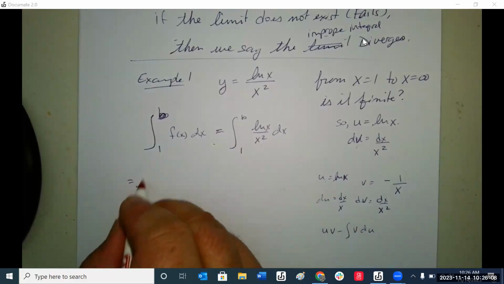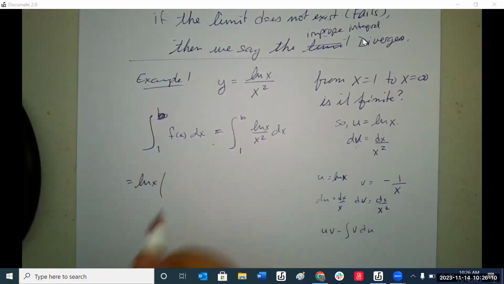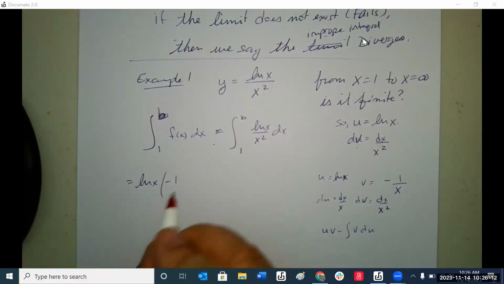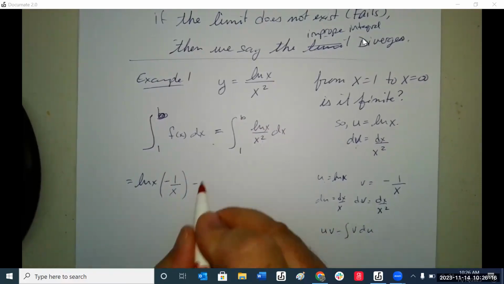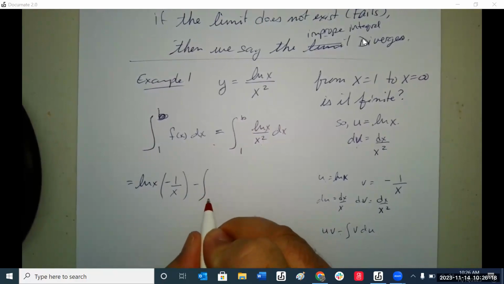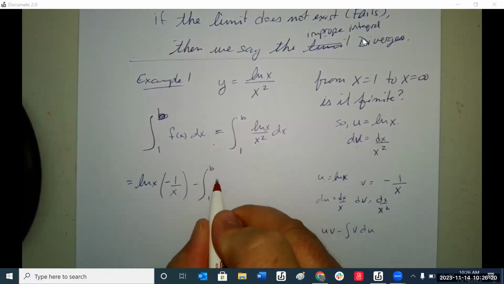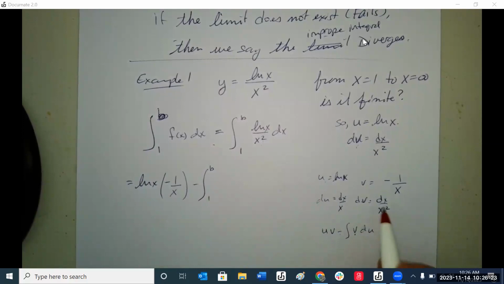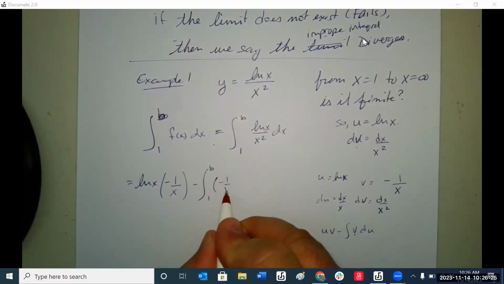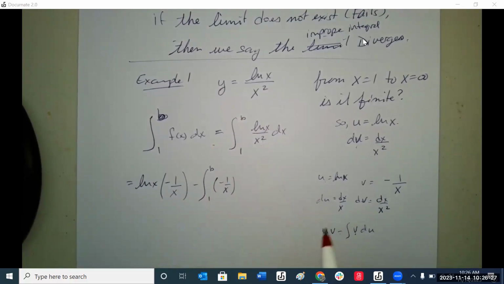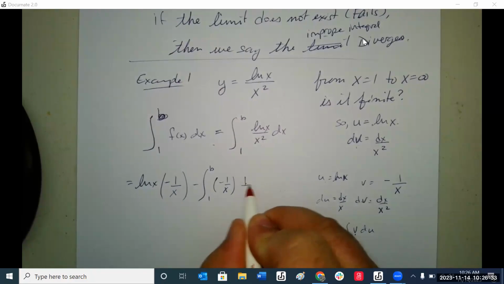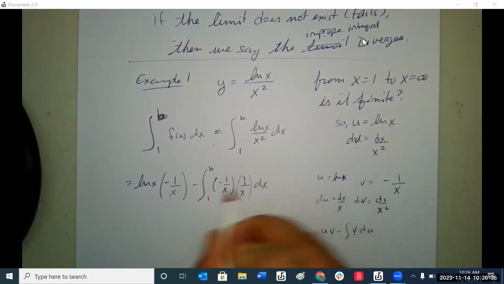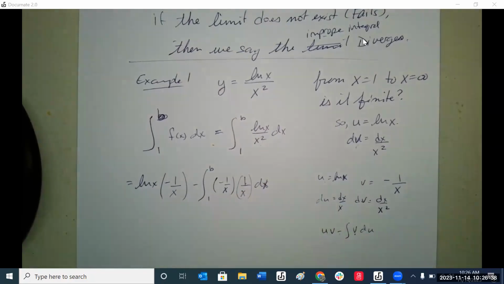So u is ln x times v, which is negative 1 over x, minus the integral from 1 to some value b. v is negative 1 over x, du is 1 over x, and it has to have a dx for the whole function.